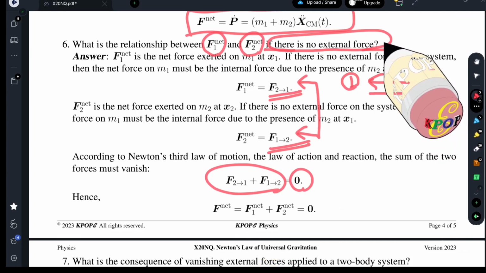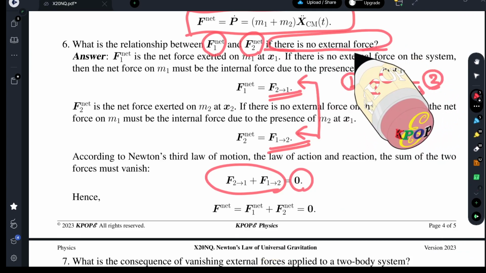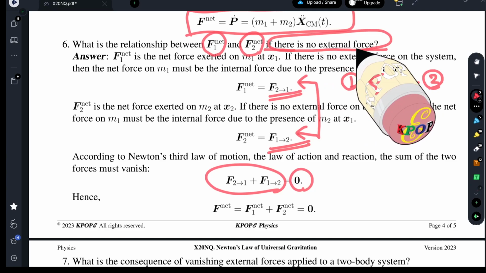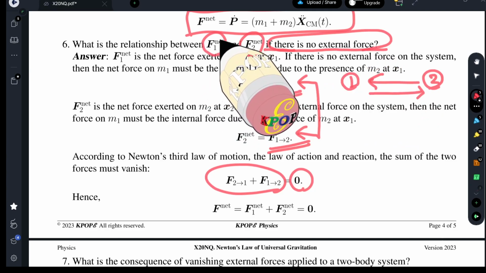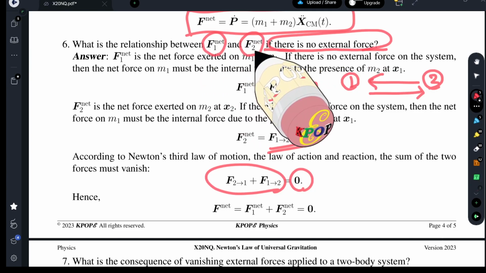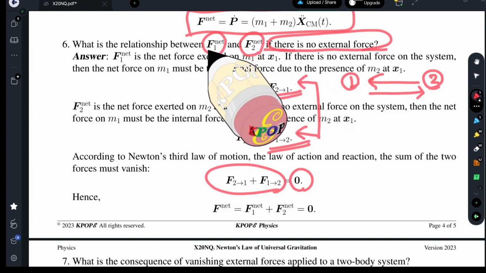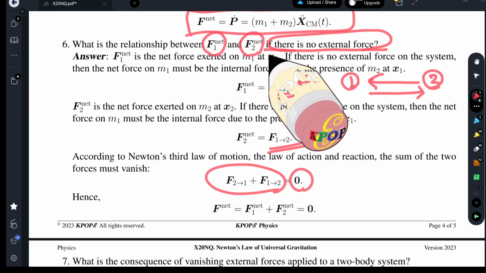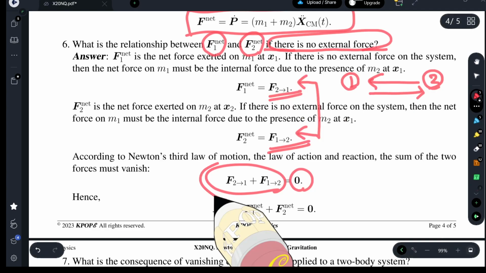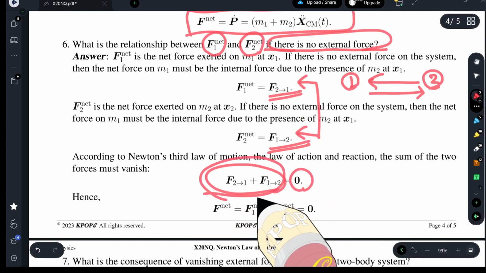Because there is no external force, the only forces are the net forces applied to particle 1 and particle 2 by the other particle, which are called internal forces. The sum of the internal forces always vanishes.